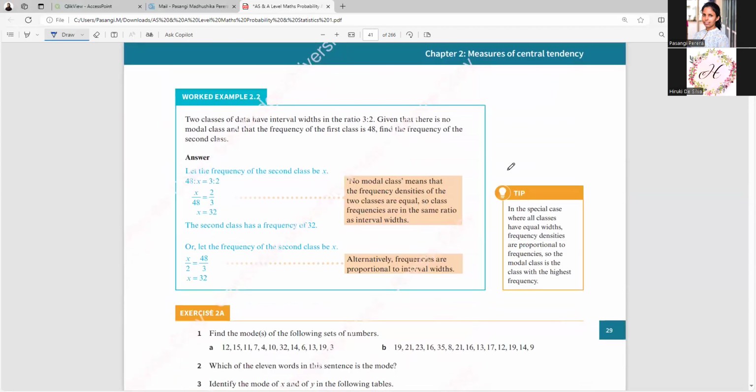Now check whether the worked example is clear for you.